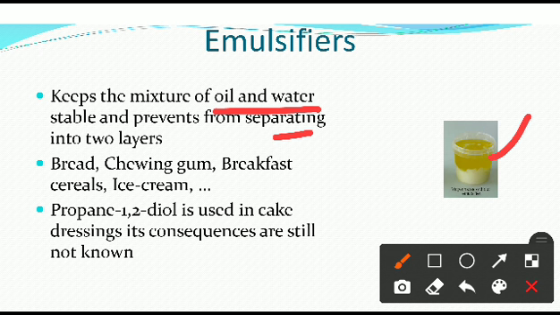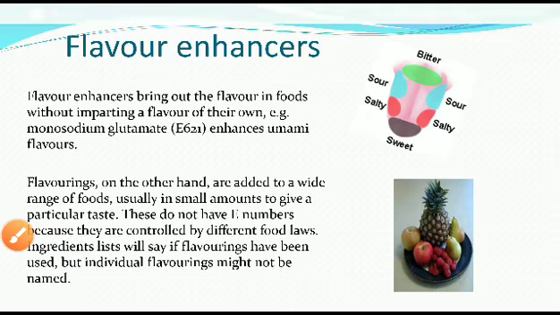The emulsifier mixes oil and water together and prevents the two layers from separating. This is also used in bread, chewing gum, caramels, and ice cream. Okay, this is all about the emulsifier.